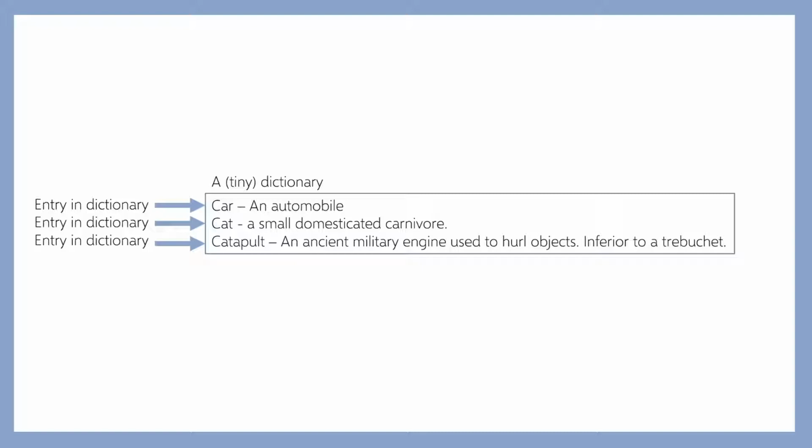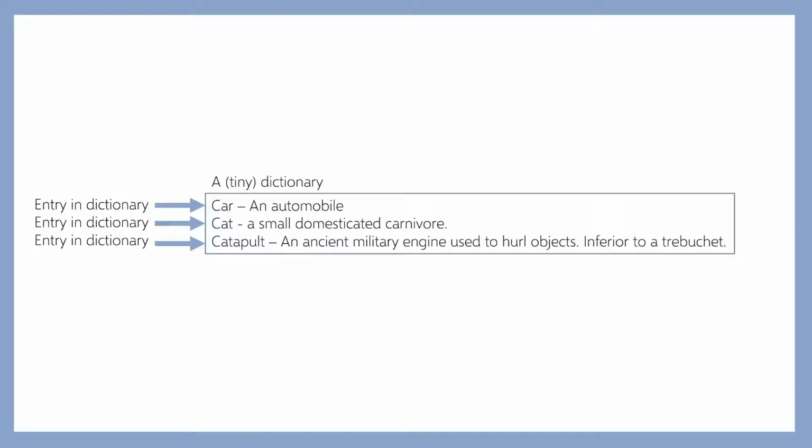And if I were to open up this dictionary and look for the word cat, I would go to cat, and then I would see that a cat is a small domesticated carnivore. If I want to look for car, I open up the dictionary, look for car, and then I would find out that a car is an automobile. That really doesn't explain anything, but that's just what dictionary.com gave me.